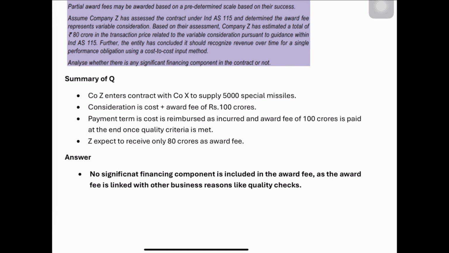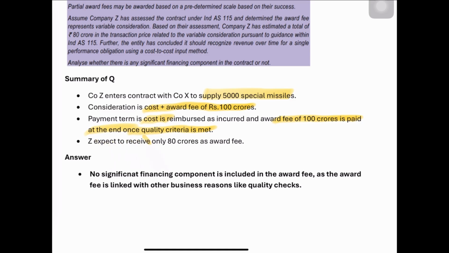So here company Z enters into a contract with company X to supply 5,000 special missiles, and consideration is cost plus award fee of 100 crores, and the payment term is cost will be reimbursed as the company incurs, and the award fee of 100 crore is paid at the end of the contract, by when a quality certification or quality assessment will also be made.